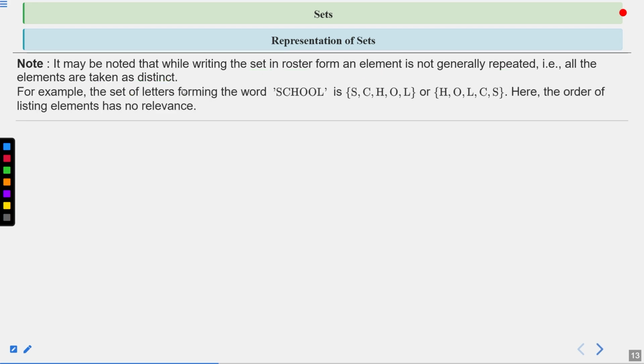For example, if you have the word school and someone says to form a set of the letters from this word, you are going to form S, C, H, O, L. You are not going to write O two times. Also the order doesn't matter in sets. You can also write H, O, L, C, S. So order and repetition don't matter here. Clear?